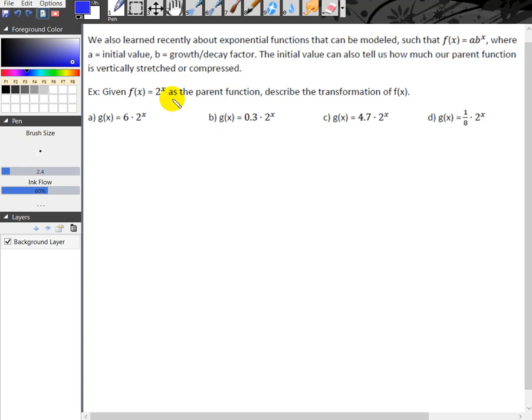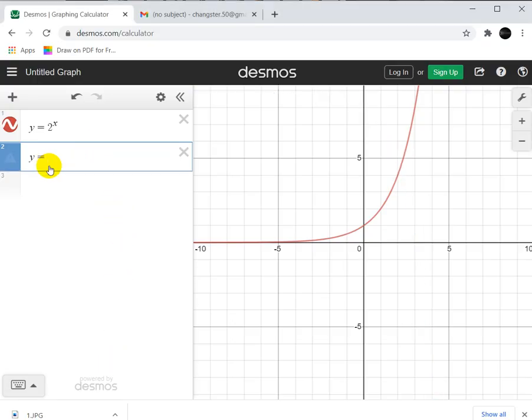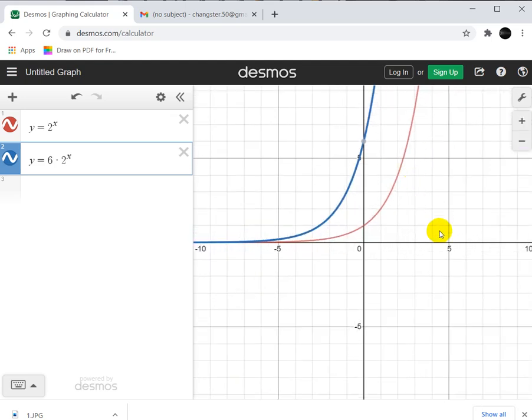All right, so given this particular function as the parent function, we want to describe the transformation of f(x). We can do the same thing that we did earlier. Let's say we put a 6 in front: we have 6 times 2 raised to the power of x. It's a little bit hard to see, but basically this function is being vertically stretched.